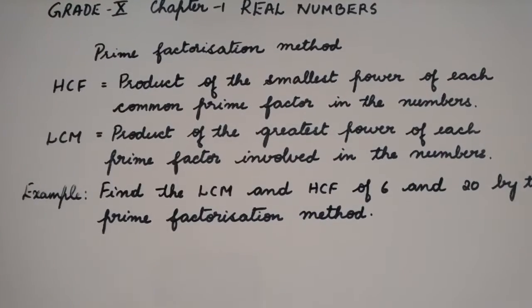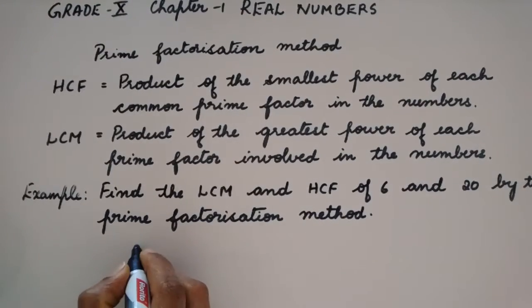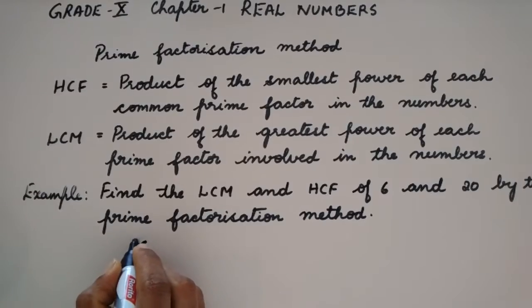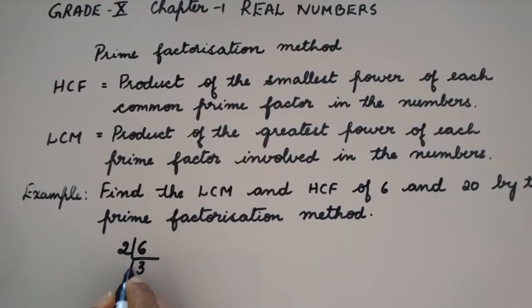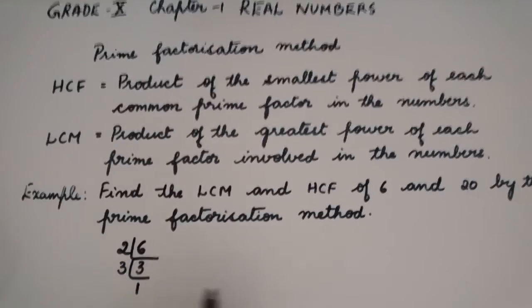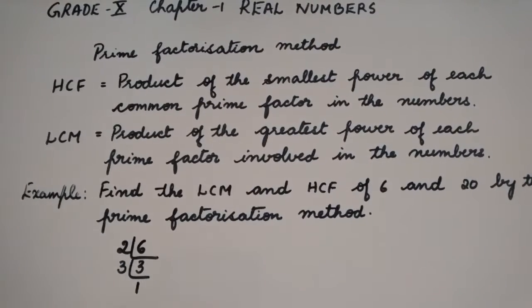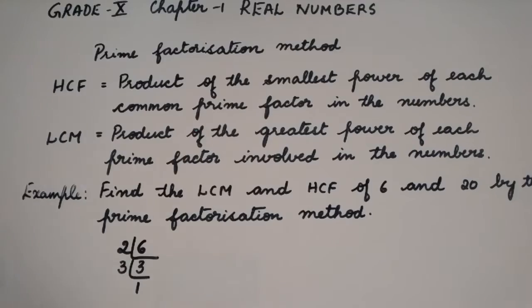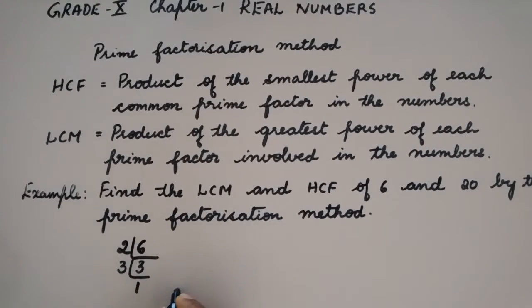Let us factorize 6 first. 2 3s are 6, 3 1s are 3. Let us write the prime factors of 6. It is 2 to the power 1 into 3 to the power 1.